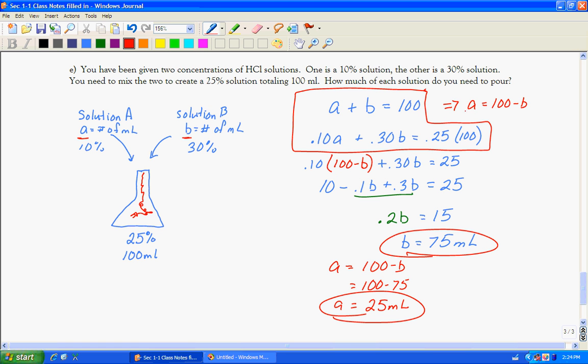Again, take the first equation, solve for a variable, so I solve for A, substitute that into the second equation, combine like terms, solve, all that kind of good stuff, and we do see that we end up with 75 milliliters of solution B, which we said made sense, and then we can calculate and end up with 25 milliliters of solution A.